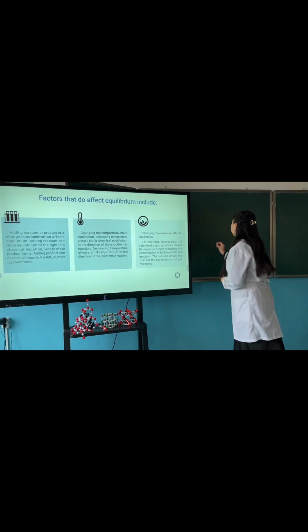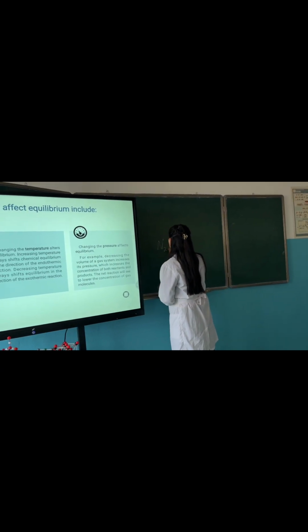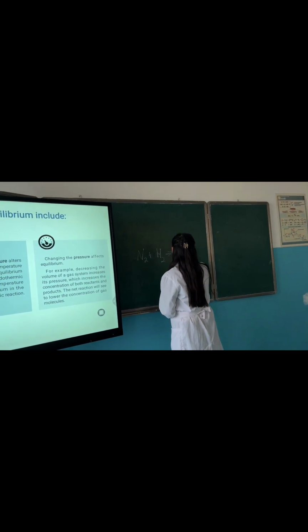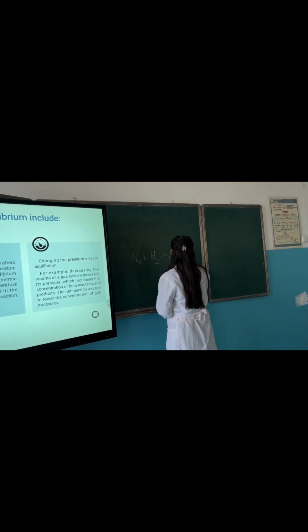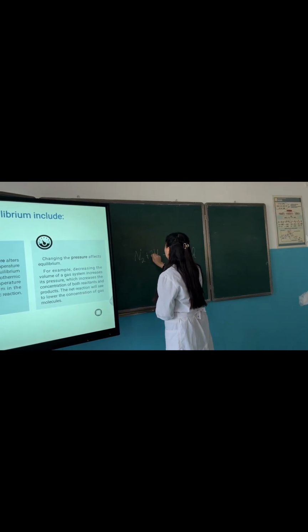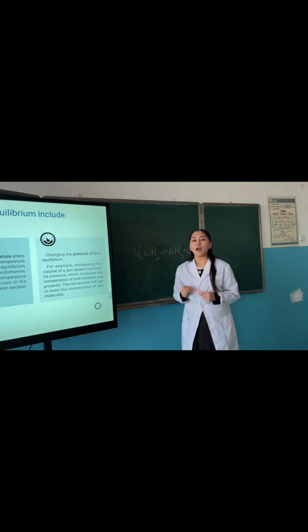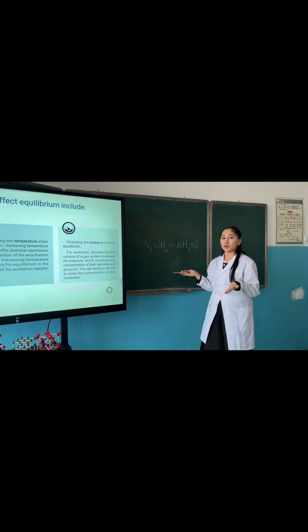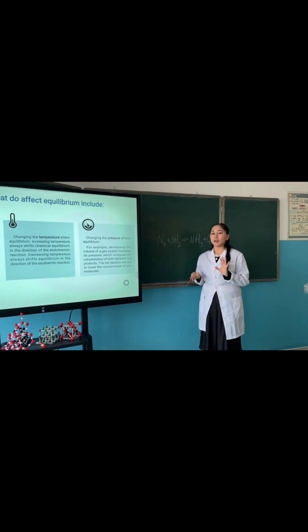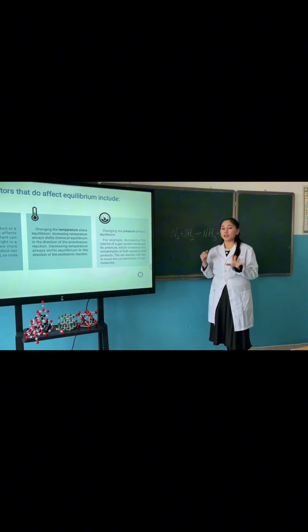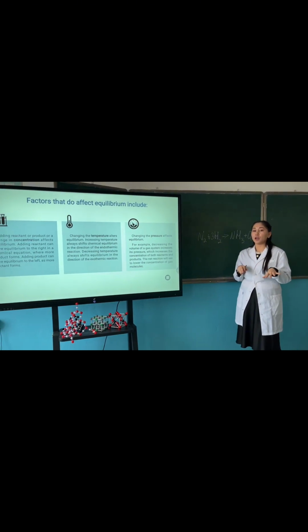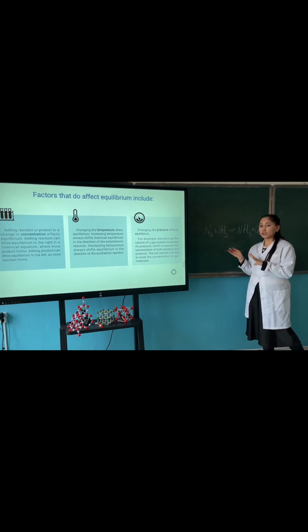For example, the forward reaction refers to an exothermic reaction. If you increase the temperature, then according to Le Chatelier's rule, the equilibrium will shift in such a direction as to reduce its effect.